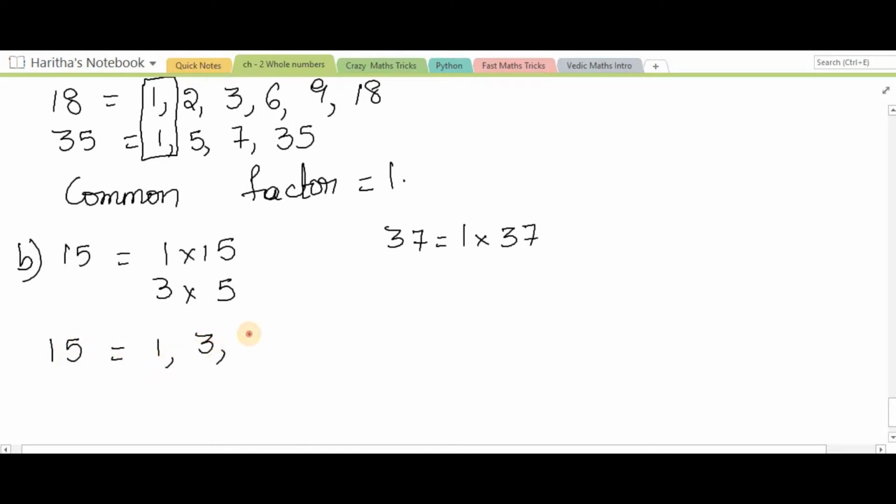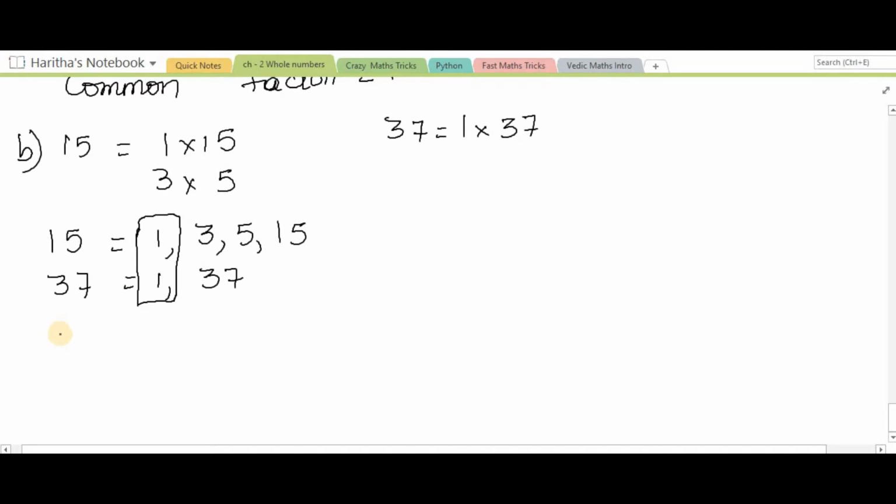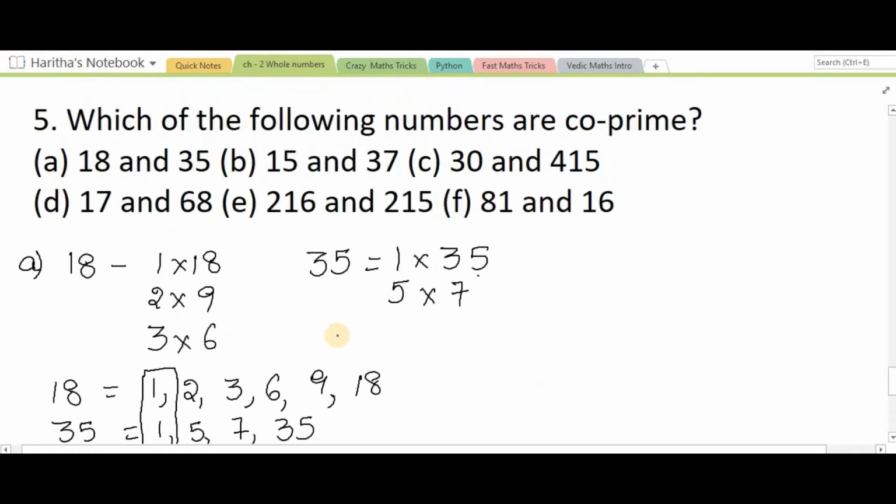The factors of 15 are 1, 3, 5 and 15, and of 37 are 1 and 37. Again here we got 1 as the common factor. So 15 and 37 are also co-prime numbers.